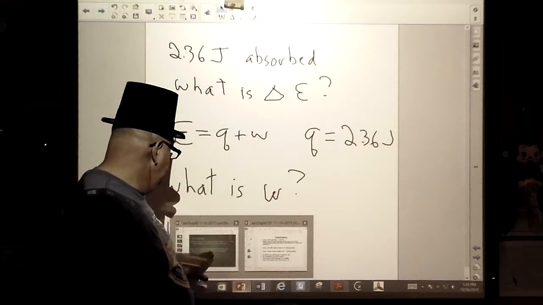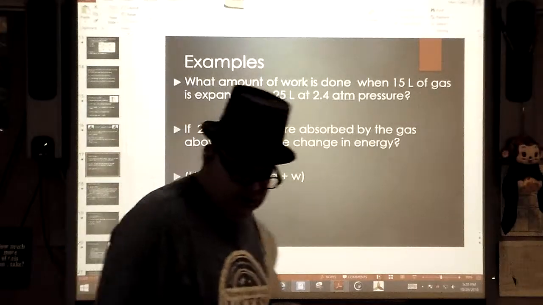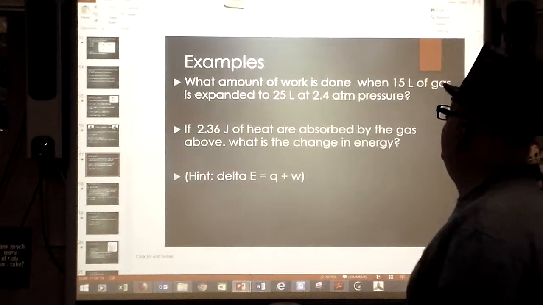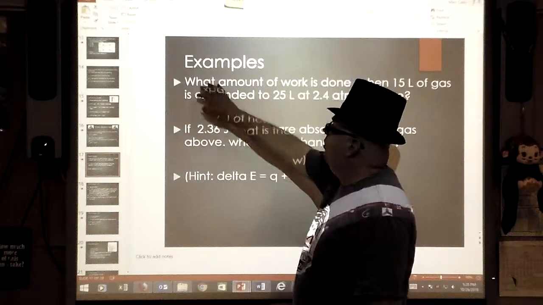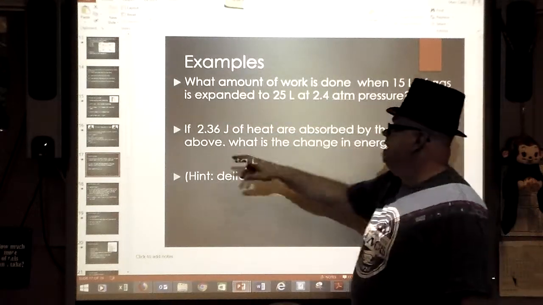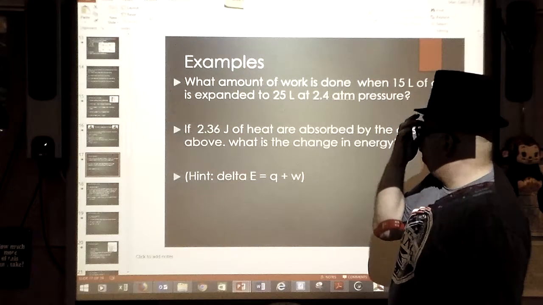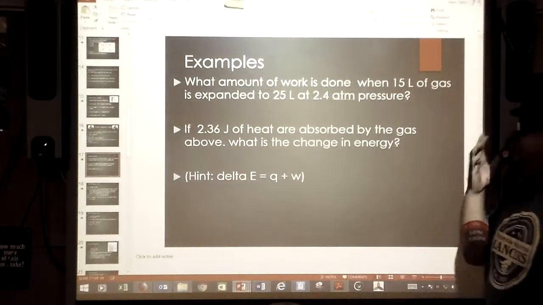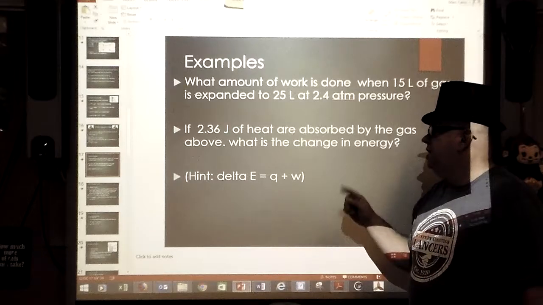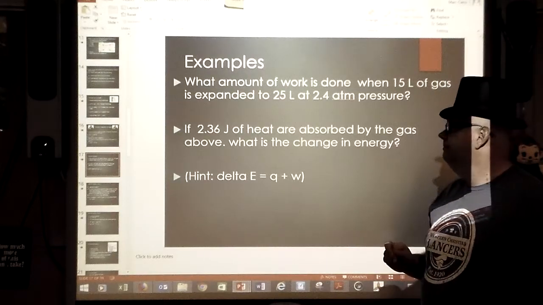Before I get there, I want to go ahead and do this. We've already looked at this. Now it says if 2.36 joules of heat are absorbed by the gas above, what is the change in energy?